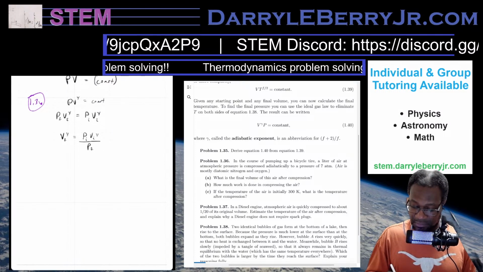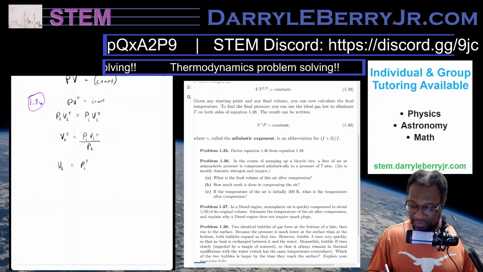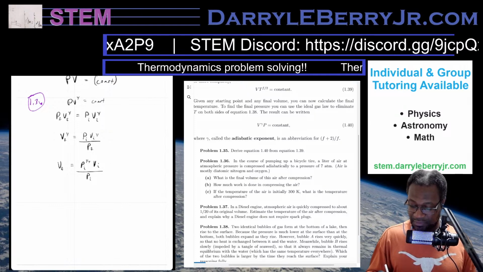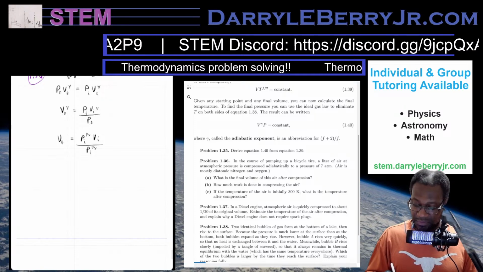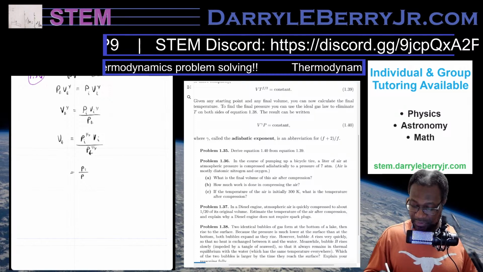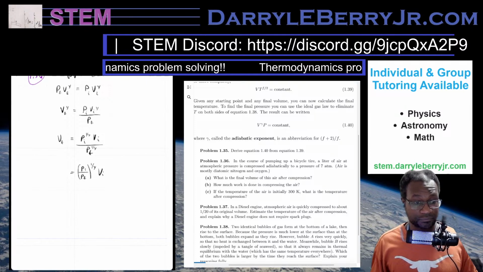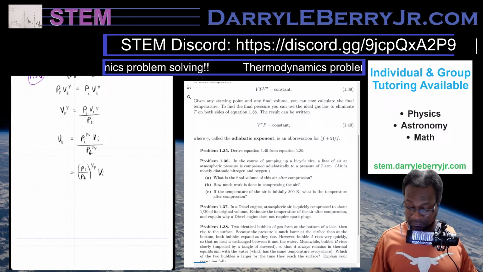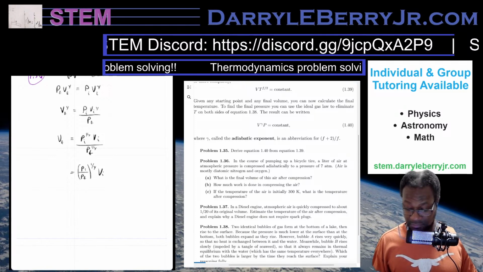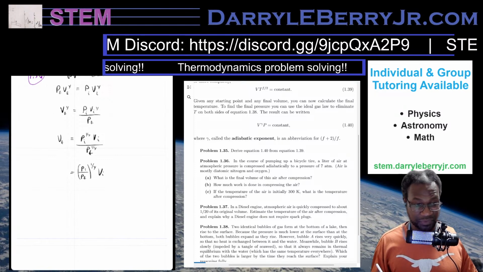So Vf equals (Pi over Pf)^(1/gamma) Vi. We put the volume is 1 liter, 7 atmospheres the final pressure, 1 atmosphere is the initial.